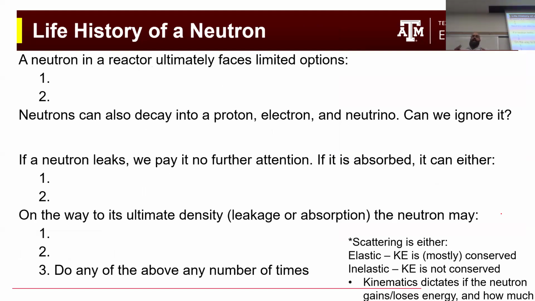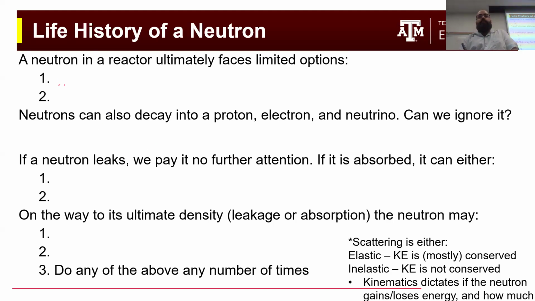So now that we've talked about fission and that fission process, we can think about the life history of a neutron coming out of a fission reaction, or just tracking a neutron in our reactor. If we have a neutron in our reactor, it has an ultimate fate. It basically can only do two things in its ultimate history inside of our reactor.